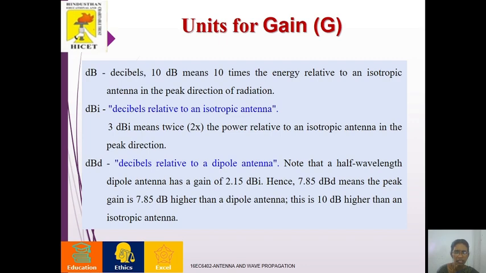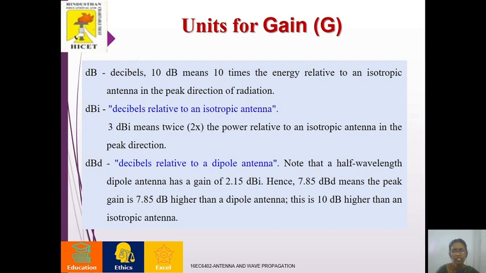Third is dBd, decibels relative to a dipole antenna. That is, a half power dipole antenna with a gain of 2.15 dBi can be said to have 7.85 dBd higher than that of a dipole antenna. That is 10 dB higher than the isotropic antenna. It is 10 times higher than an isotropic antenna.